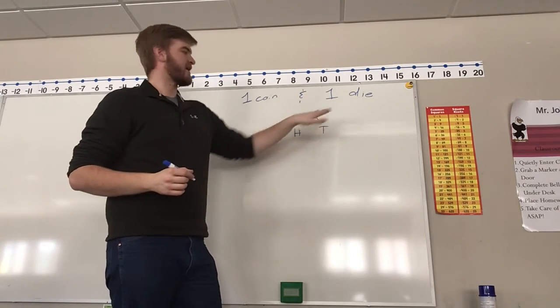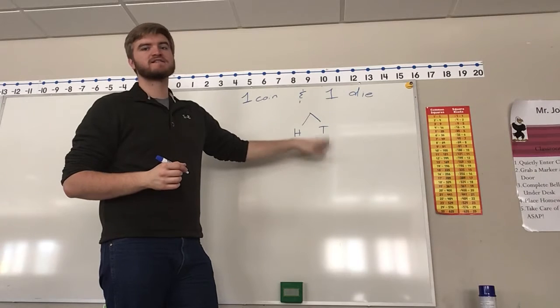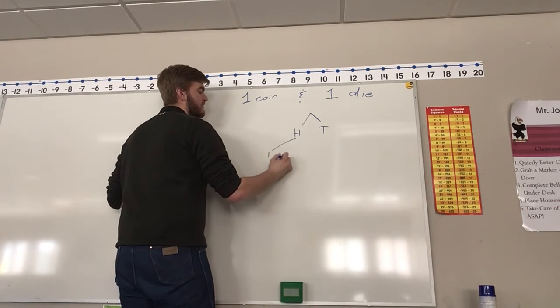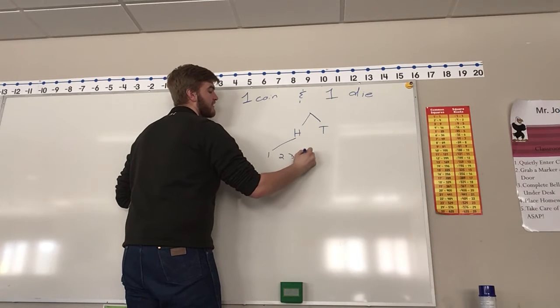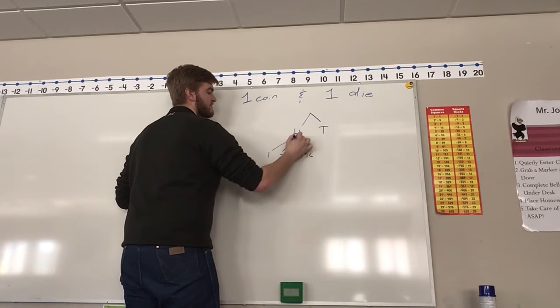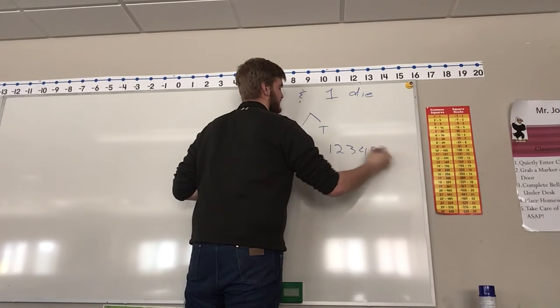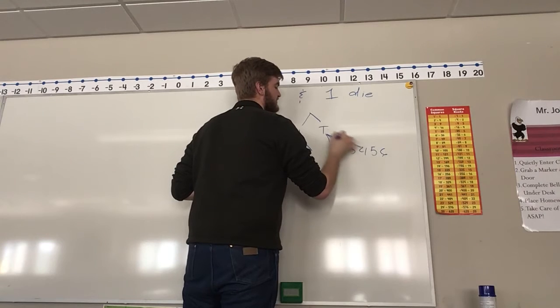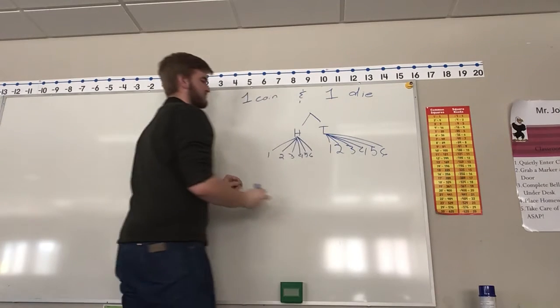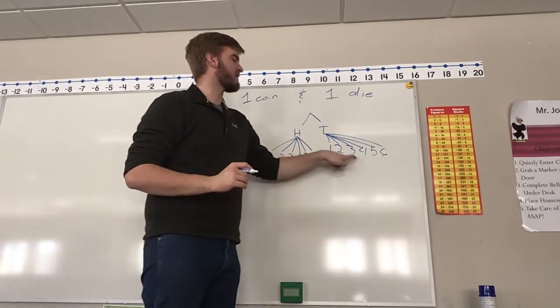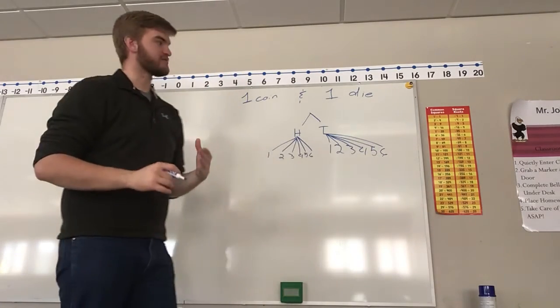And every die, no matter if it was heads or tails that we started with, still has 6 different outcomes that we can have, 1, 2, 3, 4, 5, 6. And it still branches all the way out through that. So we end up with 12 possible outcomes.